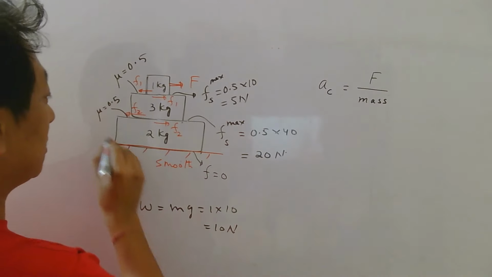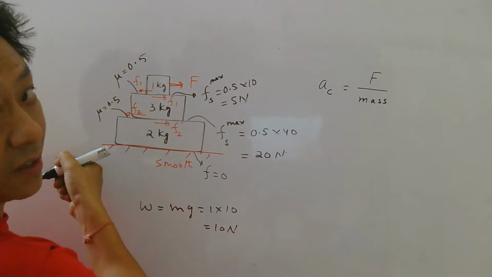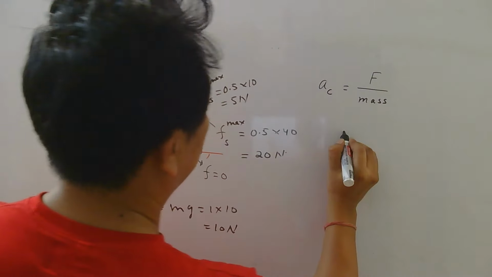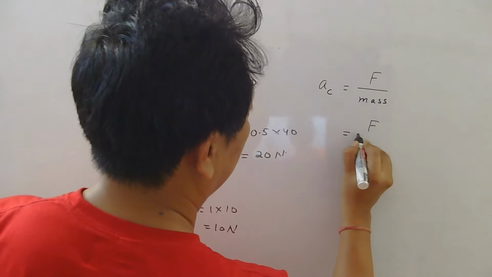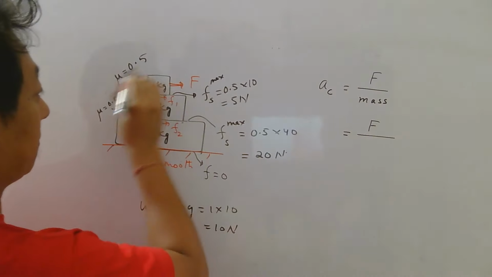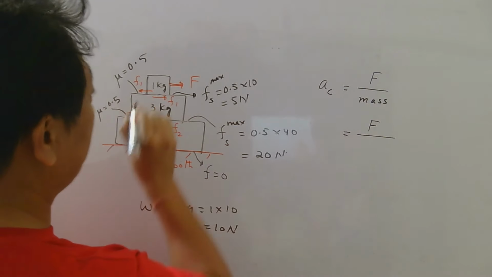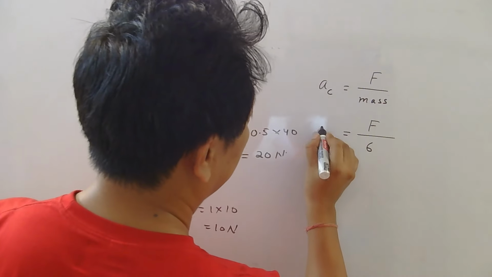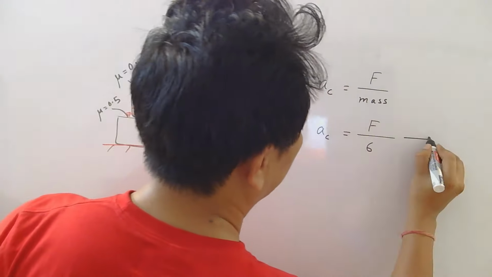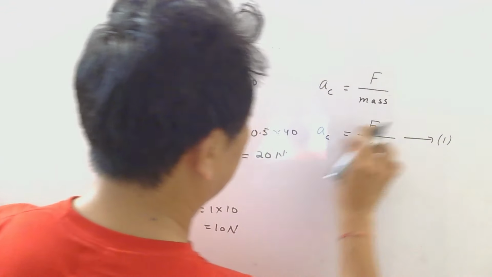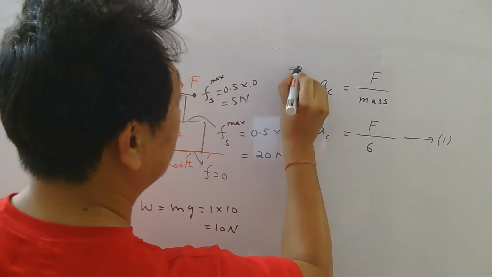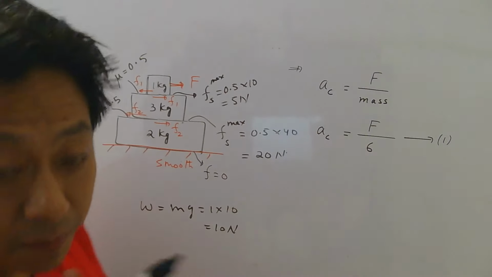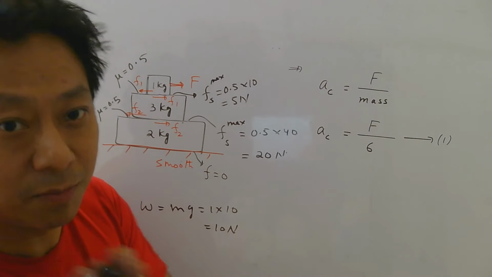External force on this system: there is no friction here, so the external force on this system is F. And the mass of this system is 3 plus 2, 5 plus 1, 6. So this is the equation between the external force and the common acceleration if they move together. Remember that slipping should not occur. That means they should move together.